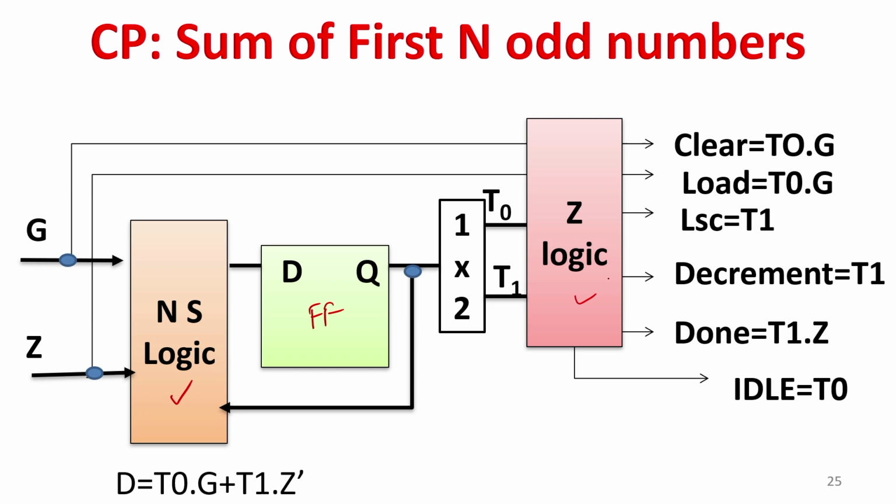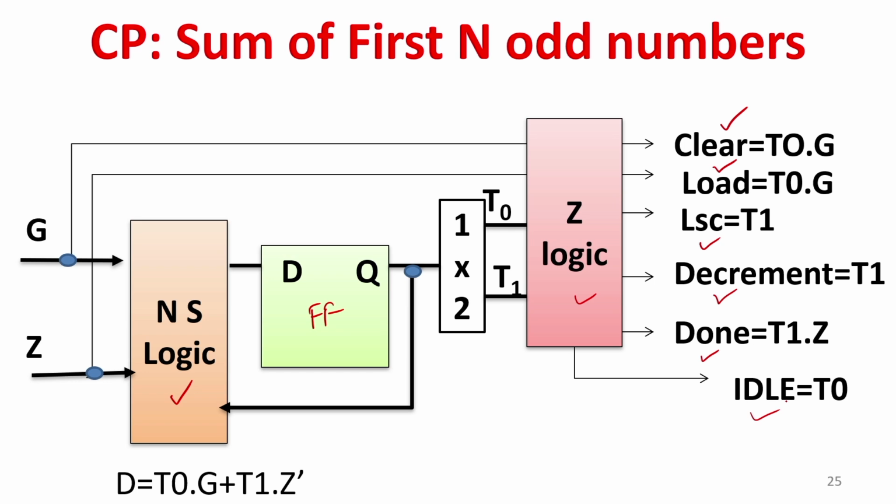And what are the things we need to generate? We need to generate clear, load, load S and C, decrement, done and idle.